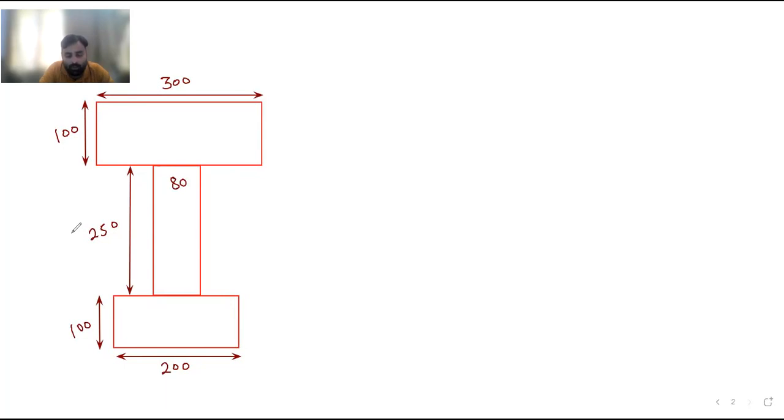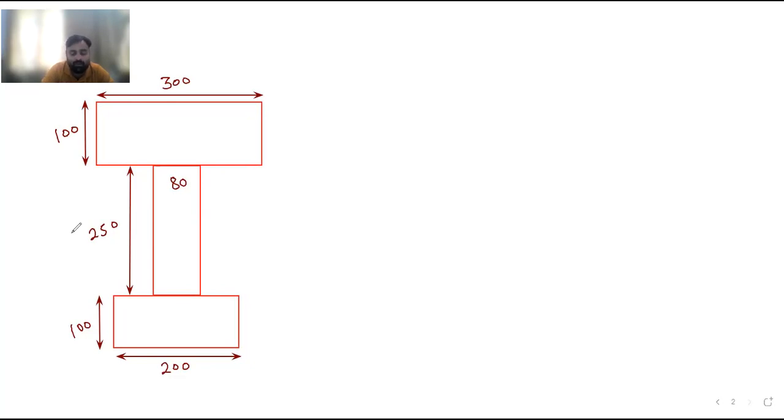Okay, so we need to determine the eccentricity. To determine it, we must first calculate the bending moment, because the formula is P by A plus P e by Z minus M by Z. This is the formula we are going to use, where Z is at the bottom, and we equate it to 5.